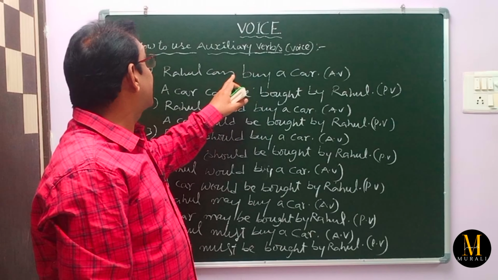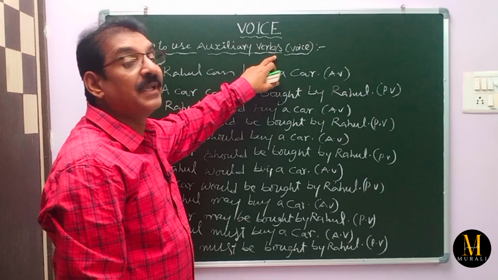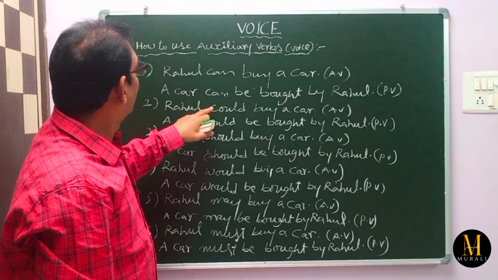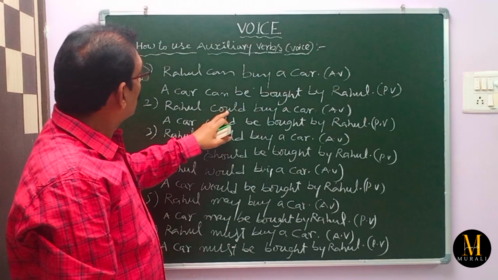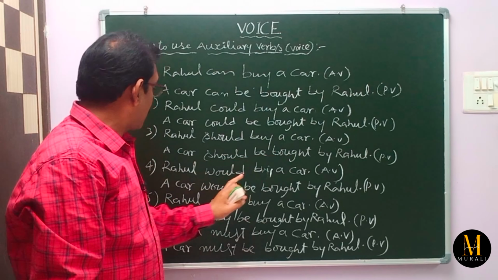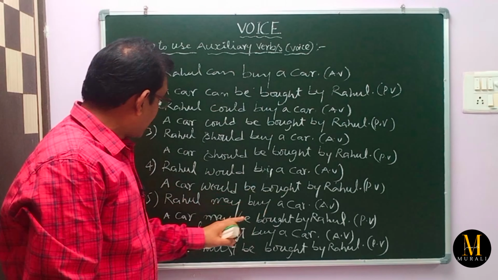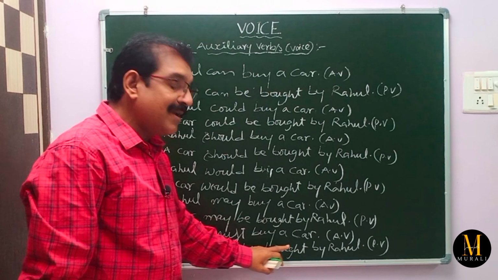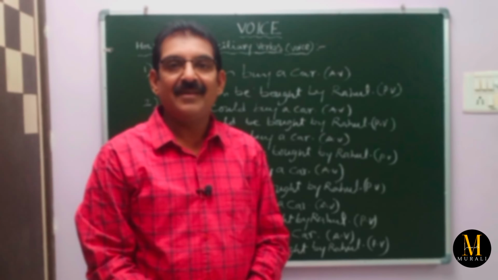So, these are the auxiliary verbs in voice. Observe it. Can buy, can be bought; could buy, could be bought; should be bought; would be bought; may be bought; must be bought. Okay.